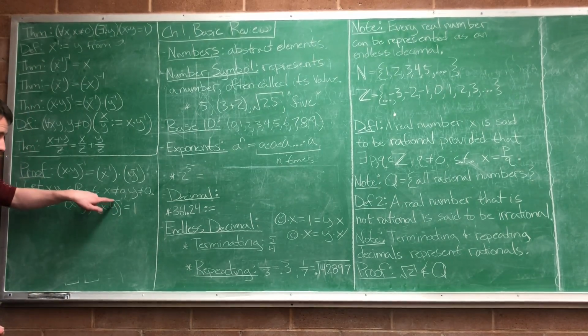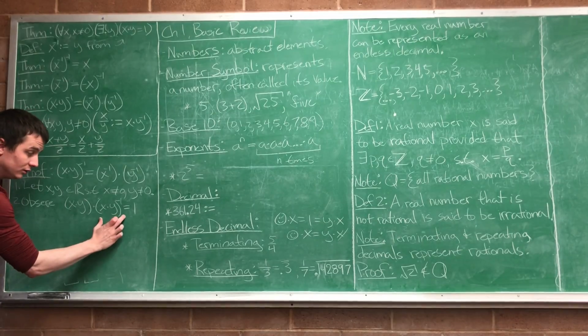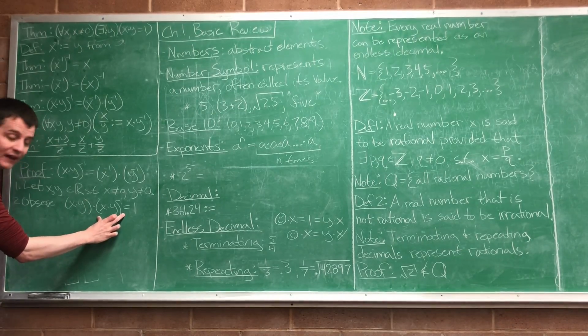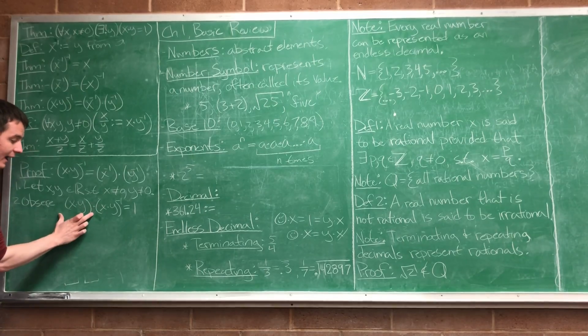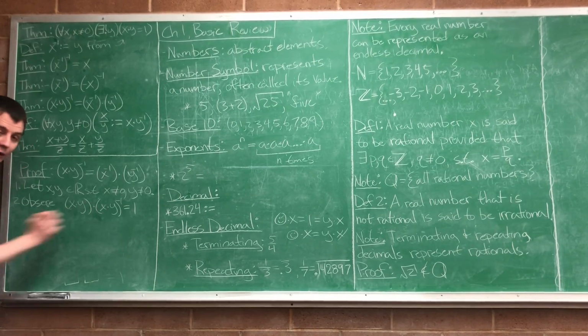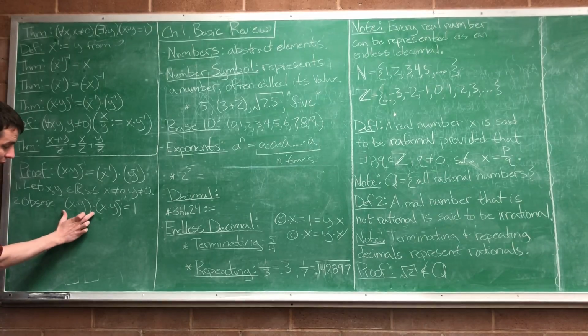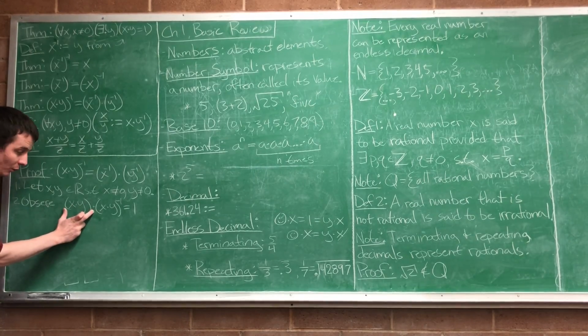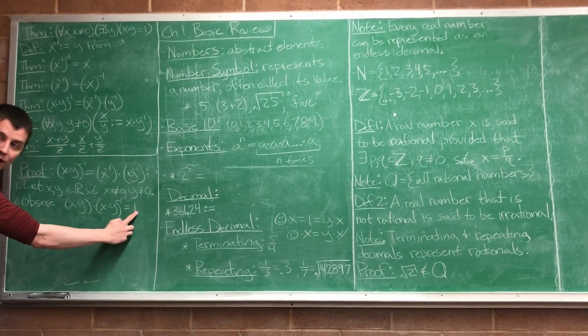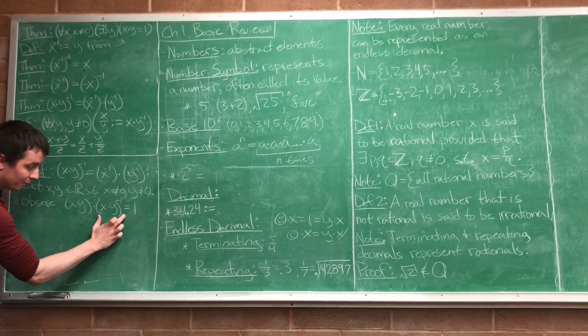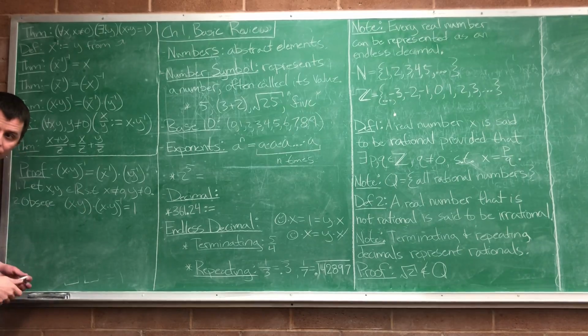Now, x times y inverse is the only number that satisfies this equation. We proved that this is unique. There's one and only one number I can plug in right here such that x times y times that number gives me 1. Even though I represent x times y as a big symbol, this is just one number. So a number times its inverse is equal to 1. And furthermore, there's only one number I can plug in here that makes it equal to 1, right?